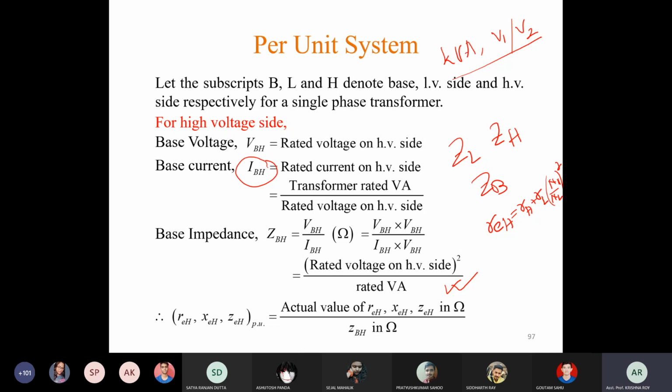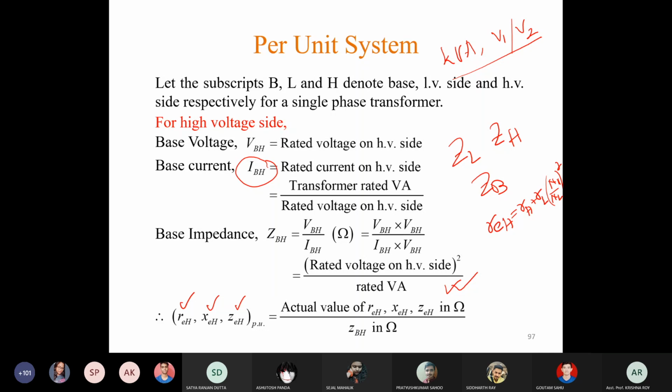If we want to calculate the per unit values of these quantities, this formula is applicable to all these three. If you want to calculate REH, then you have to take the actual value of REH and divide it by ZBH. If you want to calculate XEH, then you have to take the actual value of XEH divided by ZBH. So this formula is applicable to all the three quantities.